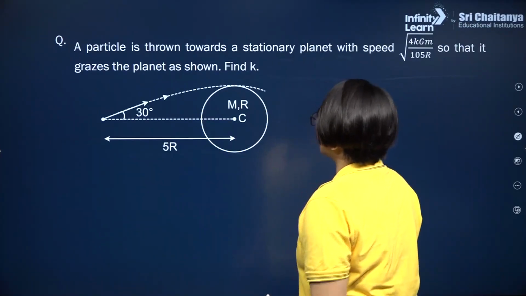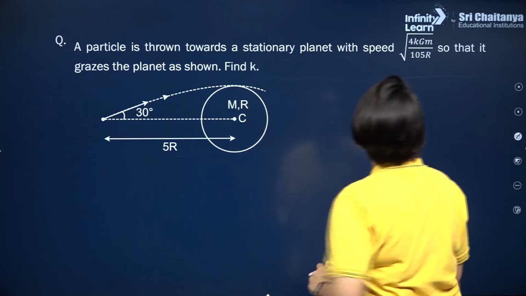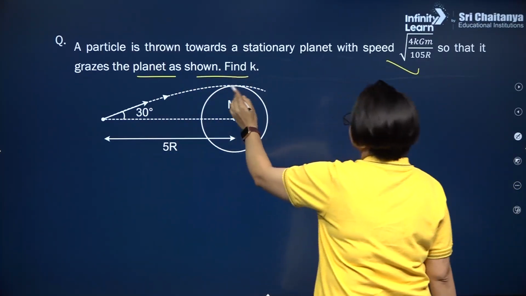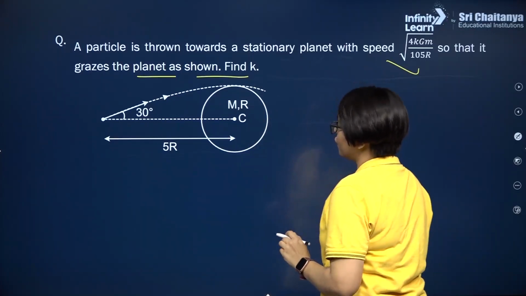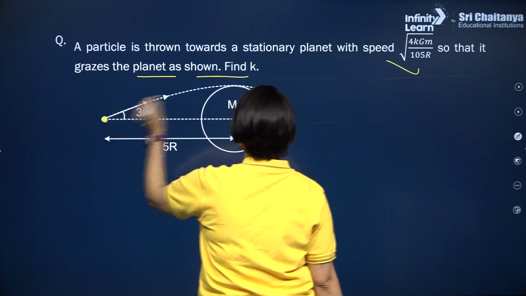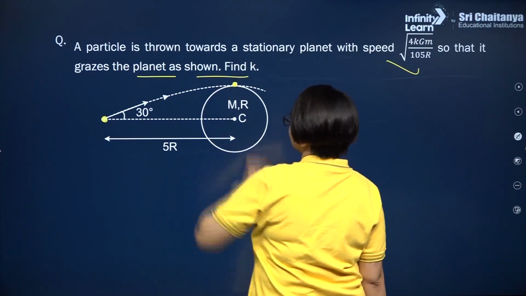Next is this one: a particle is thrown towards a stationary planet with speed this much so that it grazes the planet as shown. Find the value of k. So, over here the initial mechanical energy at this point will be equal to the final mechanical energy at this point.